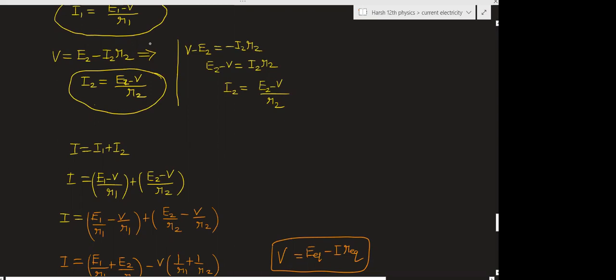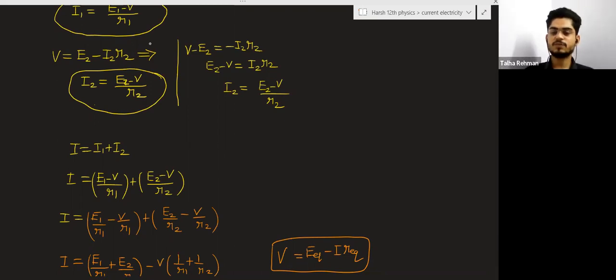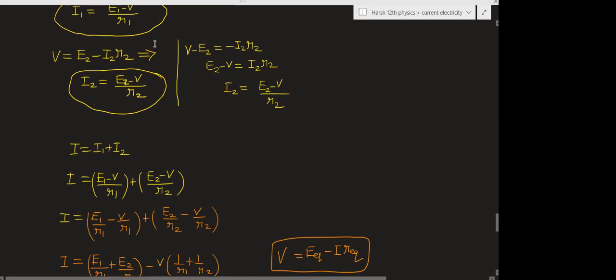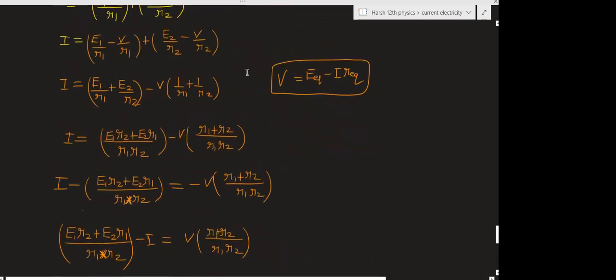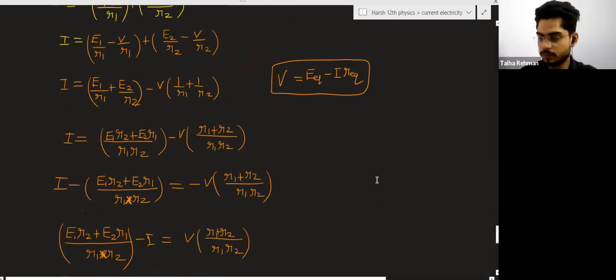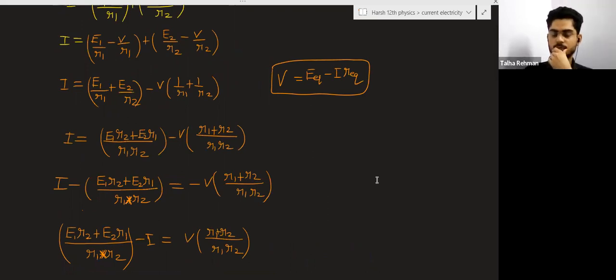Identical means the EMF and the internal resistance of the cells are the same. After the mixed combination of cells, we will solve one numerical, and after that we will have Kirchhoff's law.